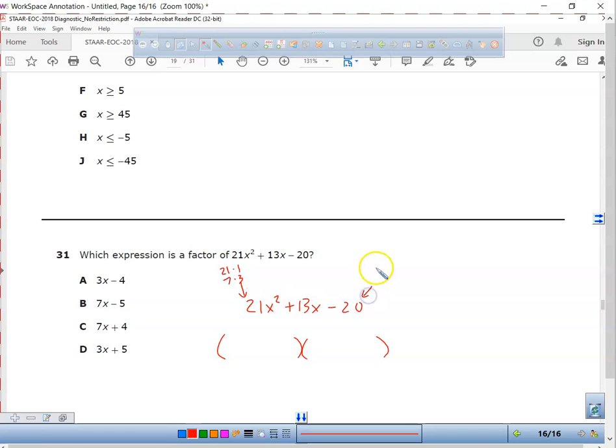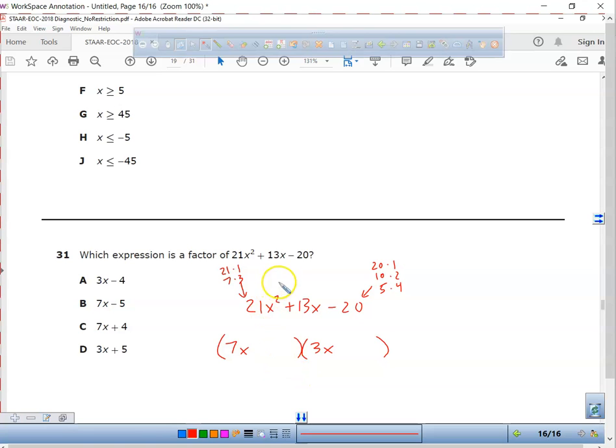And the factors of 20 are 20 times 1, 10 times 2, and 5 times 4. But you can see we're only going to be using the 5 and the 4 and the 7 and the 3. Okay? So I know I'm going to be using a 7x and a 3x. I just don't know if I'm using the 5 and the 4 or the 4 and the 5.